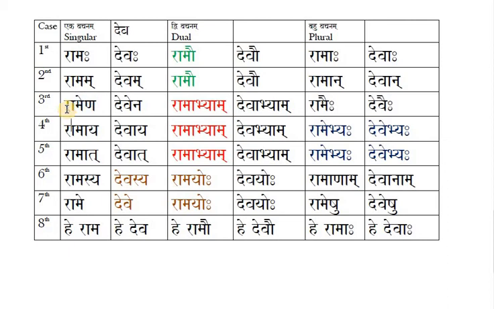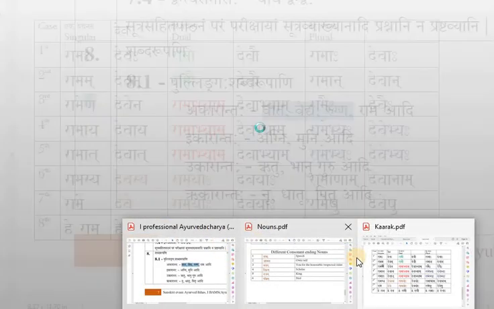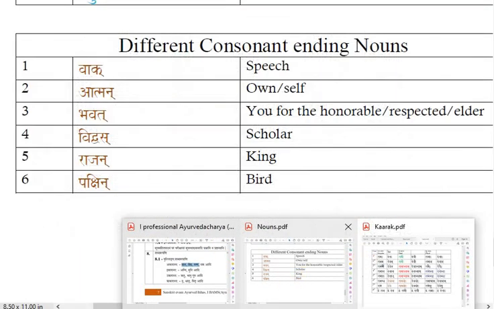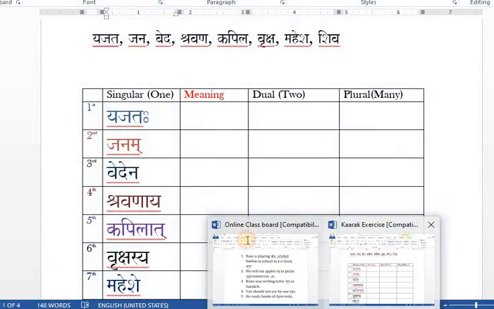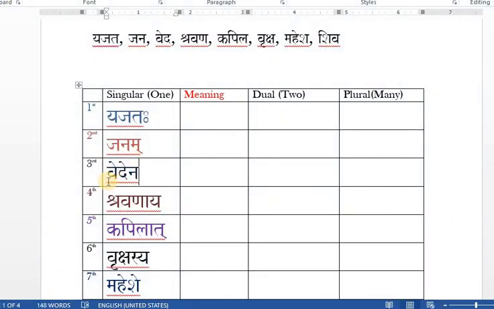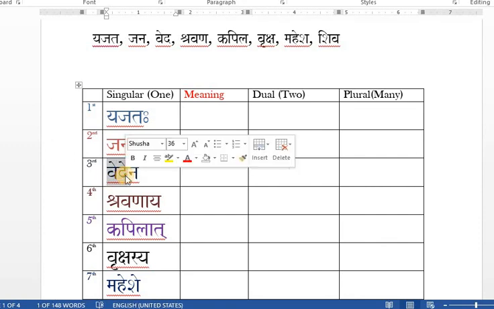If ru, sha or ra is there in the word, then that converts the last na to cerebral na. But here you read in Vedena, that Veda word is there. There is no ru vowel, ra consonant or cerebral sha in that root word. So na will not convert to cerebral na.